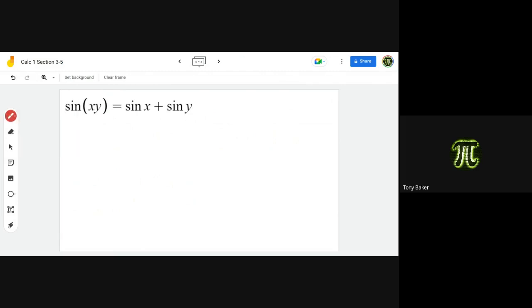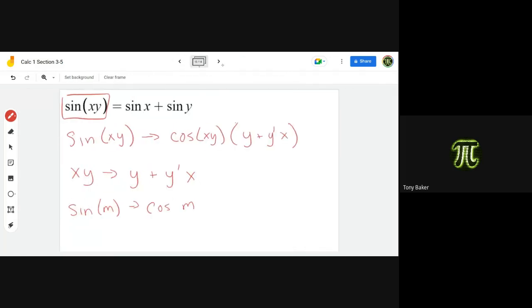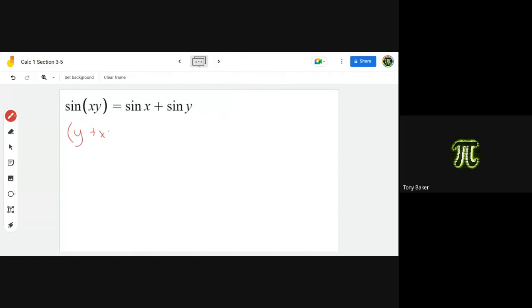So I know this side is y plus xy prime times cosine xy. Now let's do this side. What's the derivative of sine x?